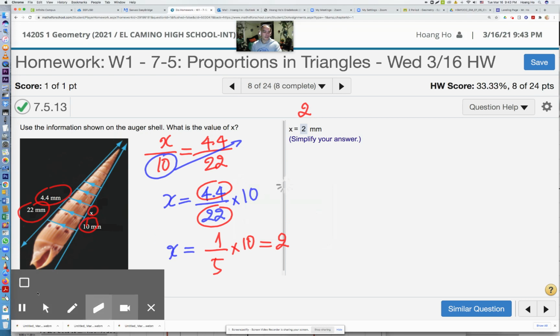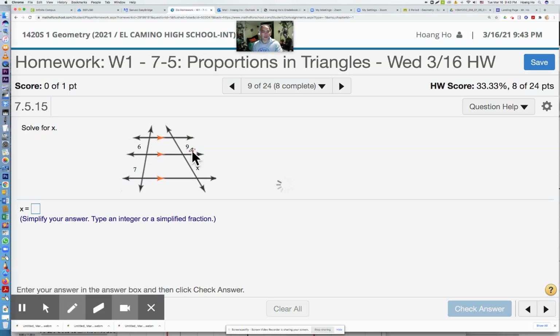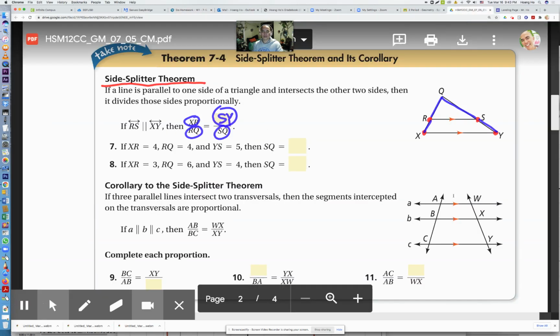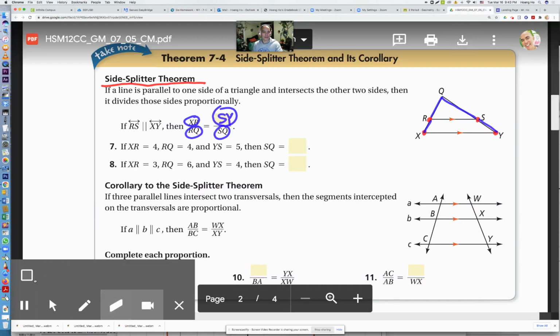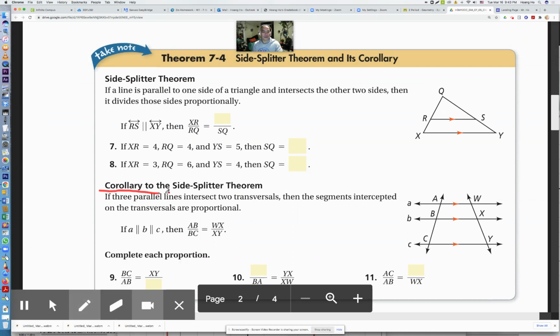Number 9. Okay, so now you got 3 parallel lines and then two transversals right here. So let's go to the lesson. Okay, right here. Corollary to the side splitter theorem.